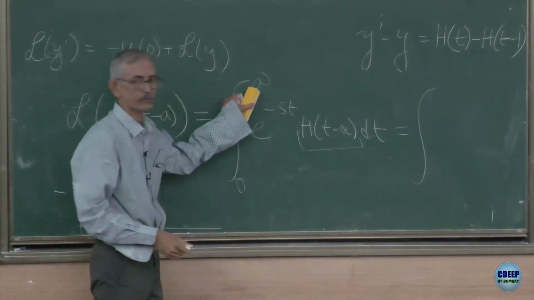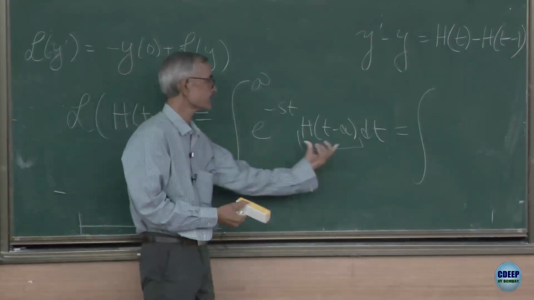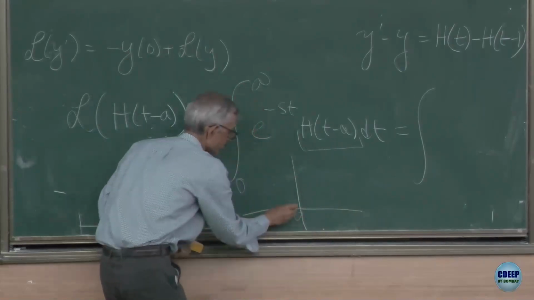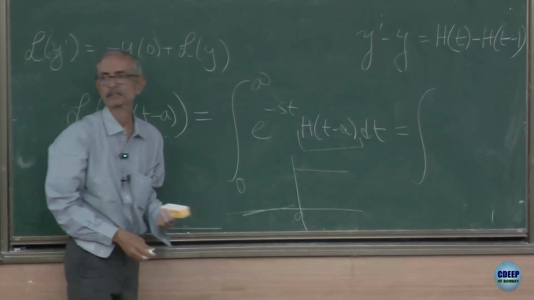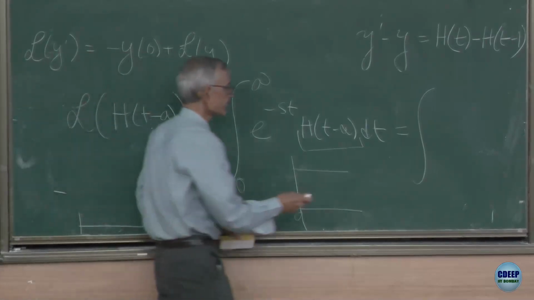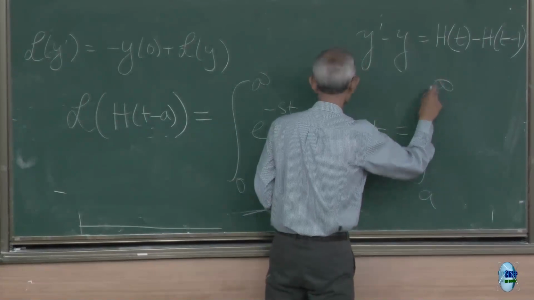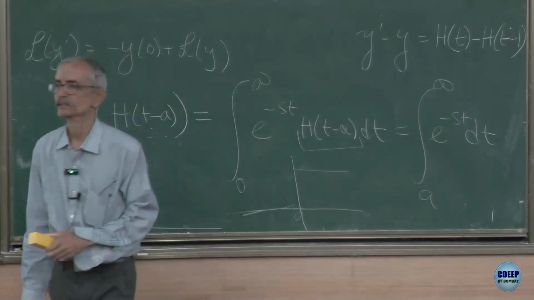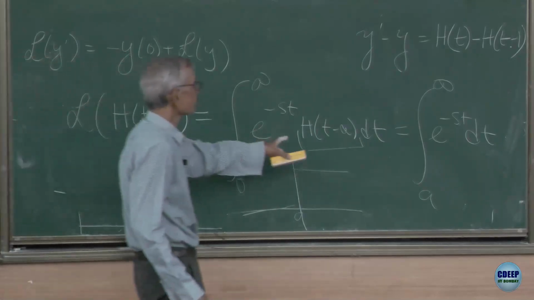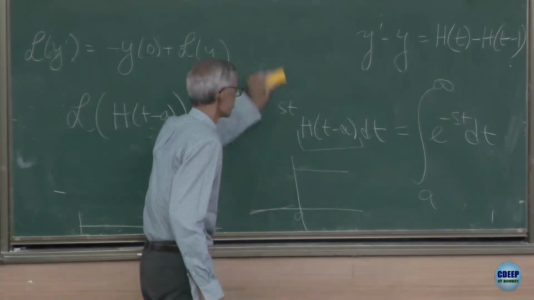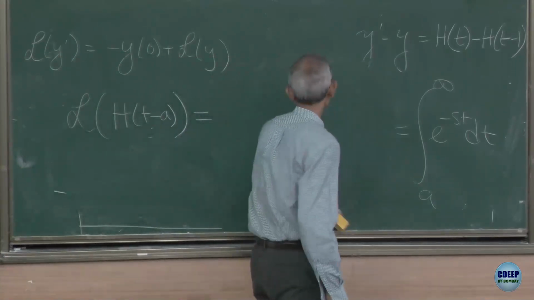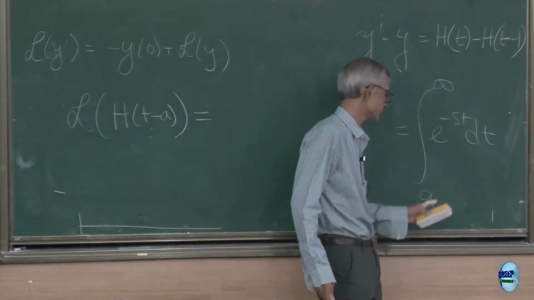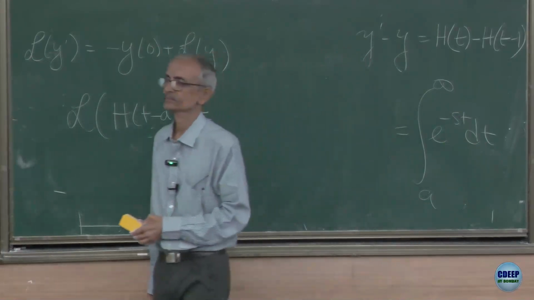This starts from 0 to infinity, and this says that up to t equal to a, it is 0, and then it is 1. So this becomes the integral from a to infinity of e to the minus st dt. That's all it is, correct? And I have now gotten rid of the Heaviside inside. So the Laplace of h of t minus a is the integral from a to infinity of e to the minus st dt.